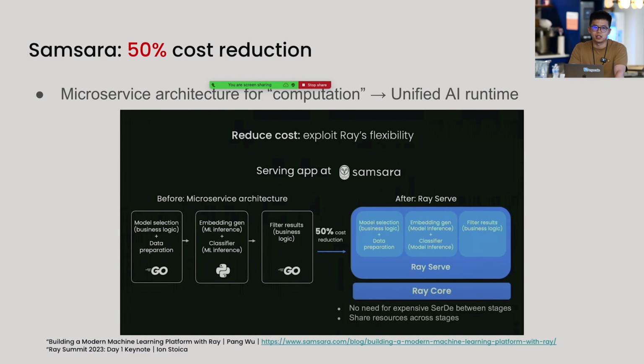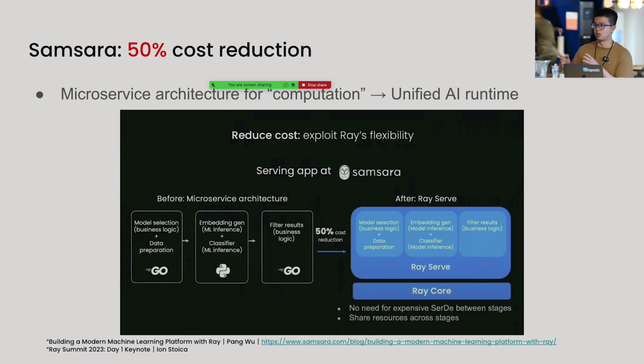Yeah, and this is an example to showcase how powerful the unified AI runtime is. This is a very simple example from Samsara. You can see that before they adopted Ray, they used microservices. The first is a Golang microservice for model selection, then a Python microservice for the inference, and then a Golang microservice to do the business logic.